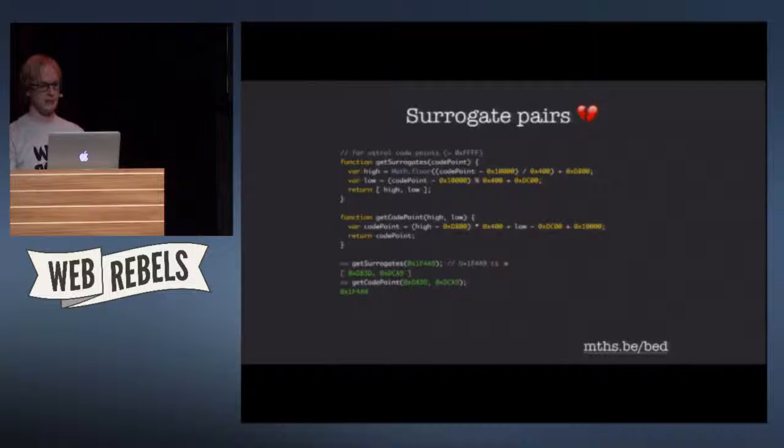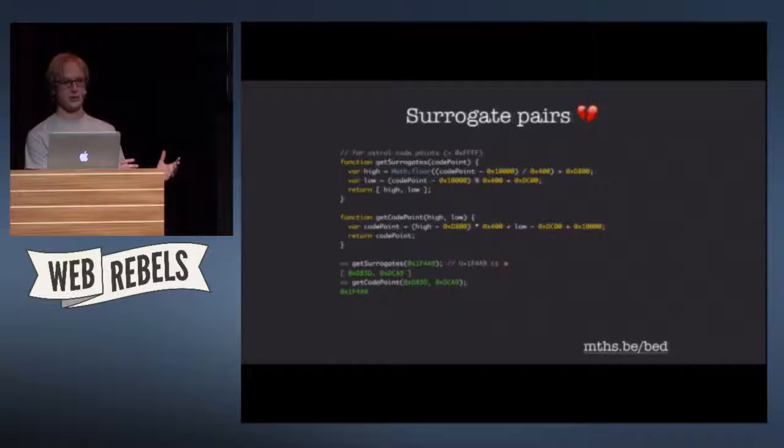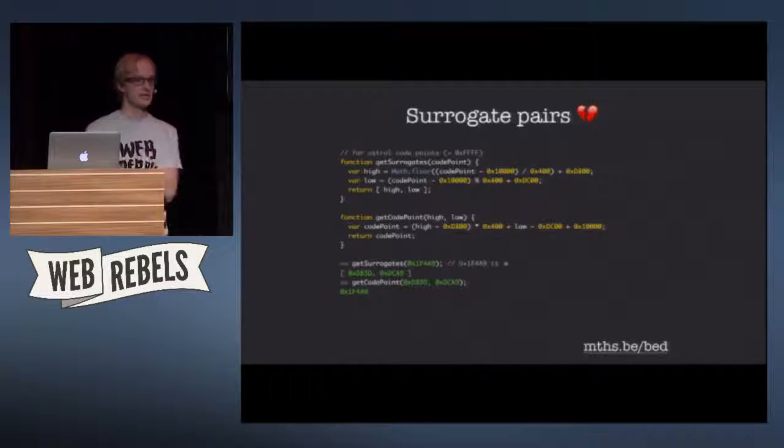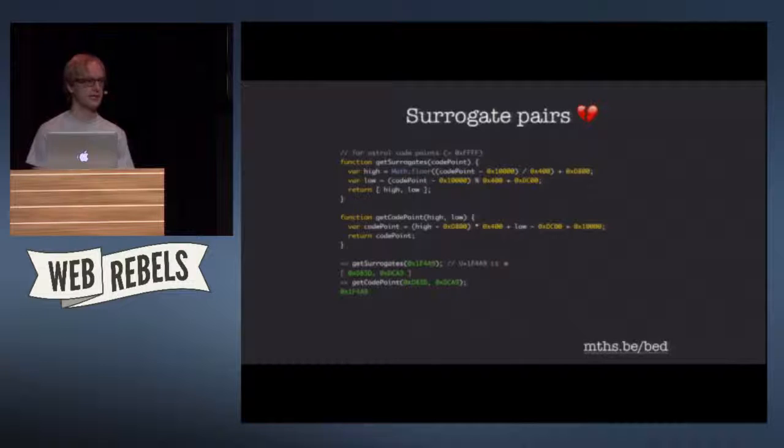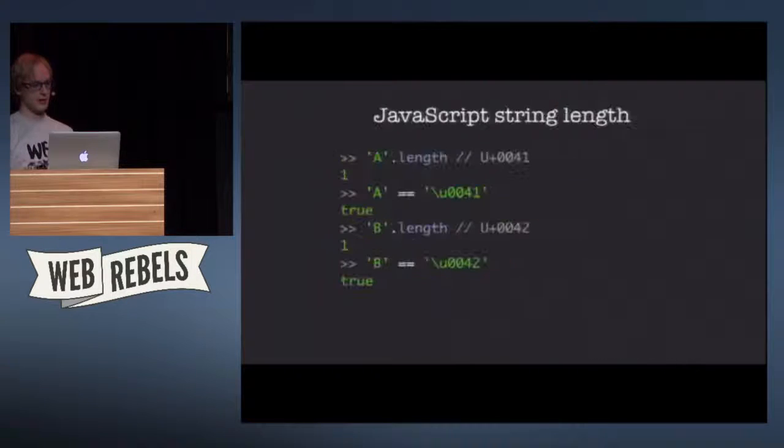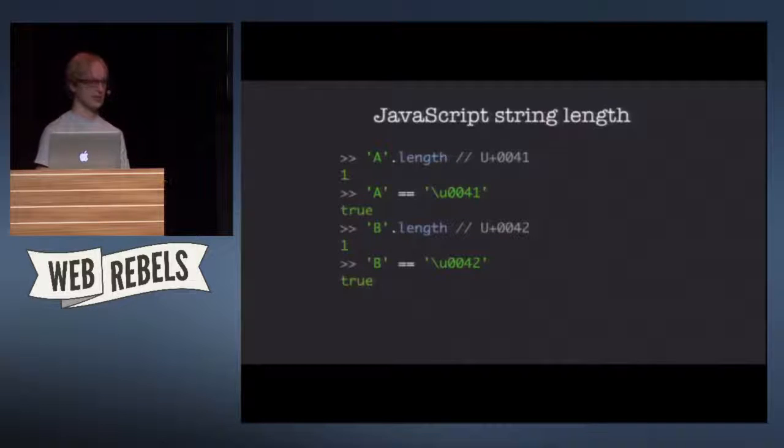Now, anyway, this whole concept of using just a single escape sequence for BMP symbols, but then requiring 2 separate escape sequences for astral symbols is a little bit confusing, and it has lots of annoying consequences throughout the entire JavaScript language. For example, let's say you want to count the number of code points or the number of symbols in a JavaScript string. My first thought would be to just use the length property of the string, right? So if you have the capital letter A in a string and you get its length, it will be 1.